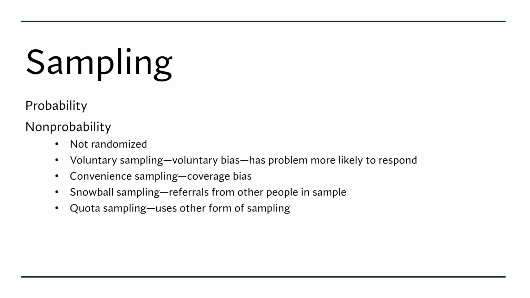Snowball sampling. Suppose a researcher wished to find a rare individual in the population and already knows of the existence of those individuals and how to contact them. One approach is to contact those individuals and simply ask them if they know anyone like themselves, then contact those people, and so on.